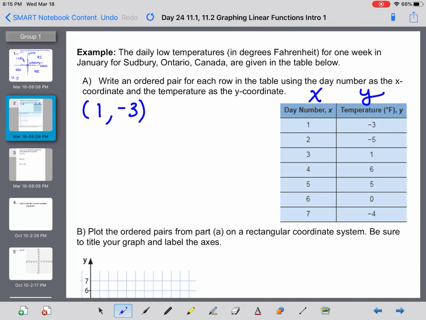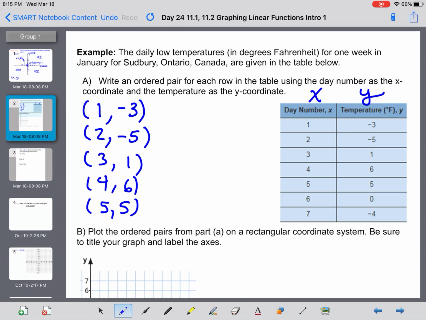So I'm going to do x, comma, y. And then notice I do have parentheses on either end. And I'm just going to keep going. So I have (2, -5), (3, 1), (4, 6), (5, 5), (6, 0), and finally (7, -4).